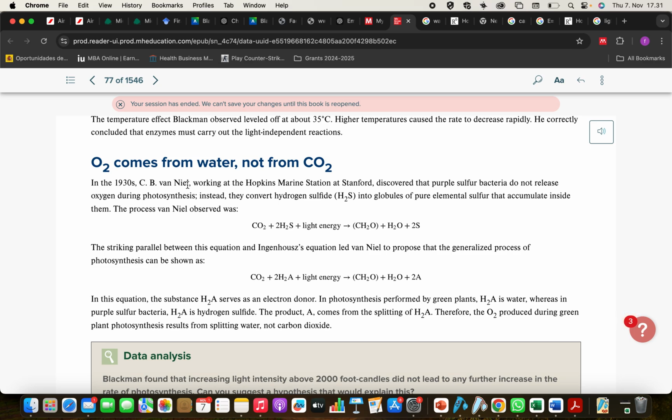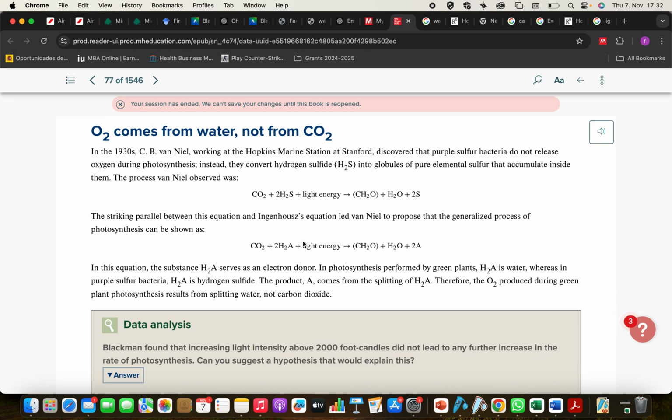They released sulfur in the presence of hydrogen sulfide. So he would add carbon dioxide, two hydrogen sulfide, and a bit of energy, and you would get a glucose molecule, water coming out, and also this sulfur being released.